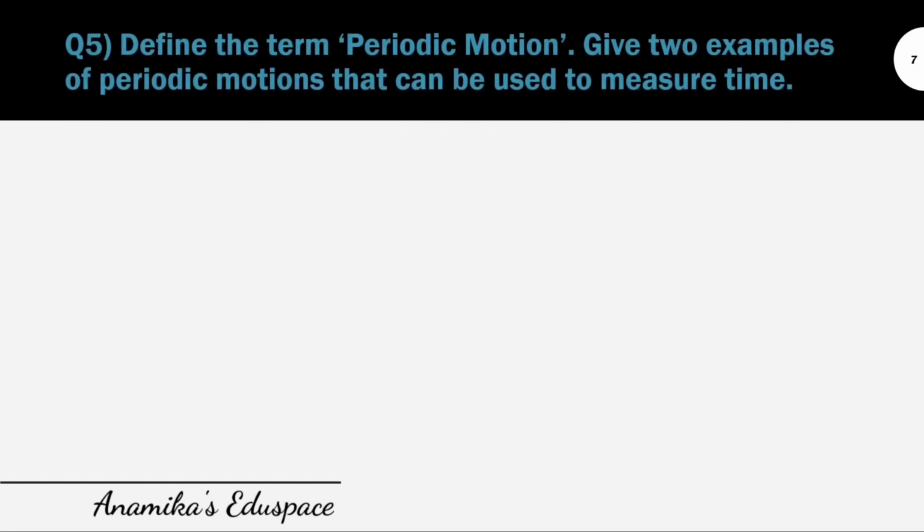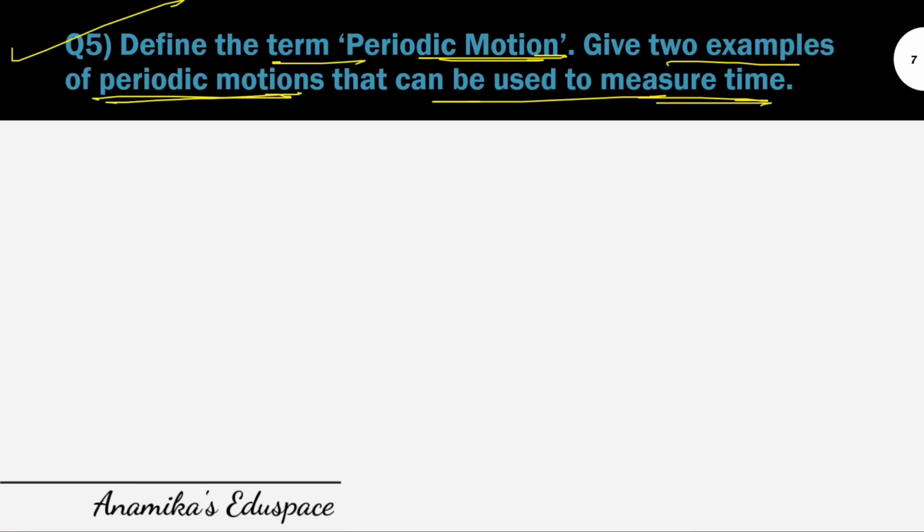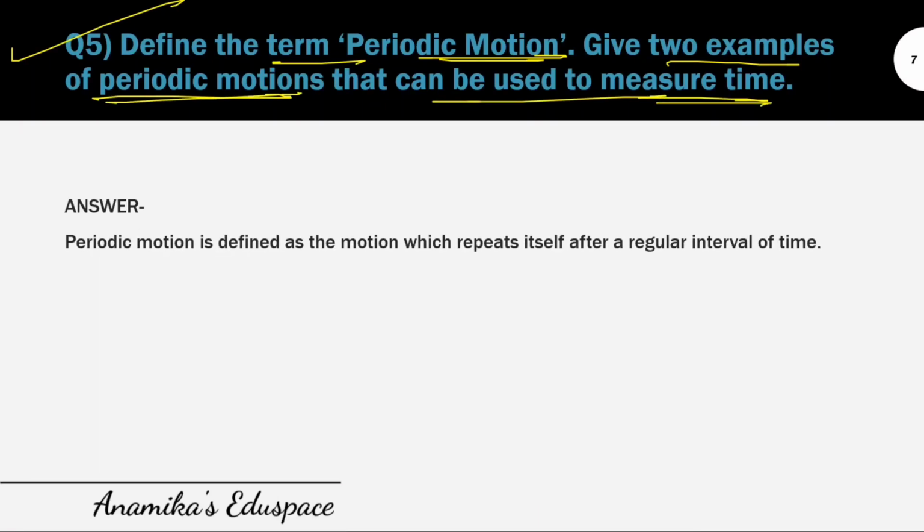Question number 5. Define the term periodic motion. Give 2 examples of periodic motions that can be used to measure time. Answer. Periodic motion is defined as the motion which repeats itself after a regular interval of time. Okay?